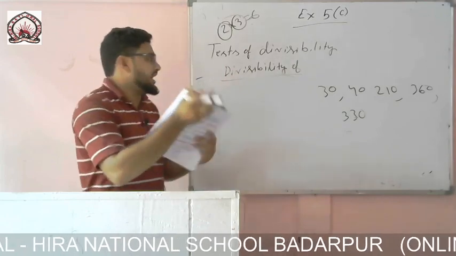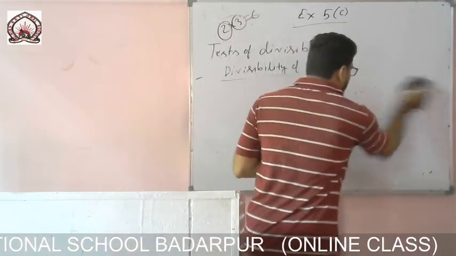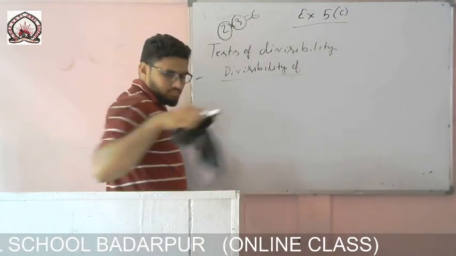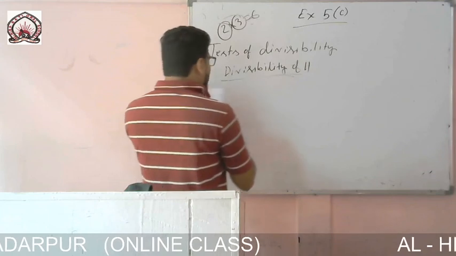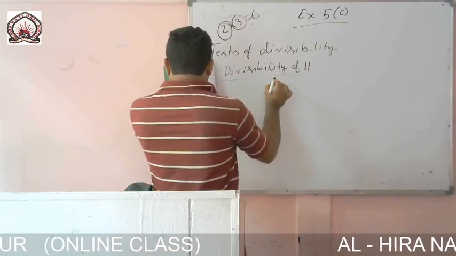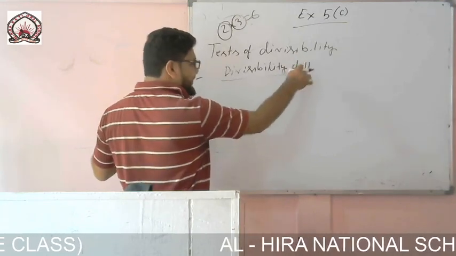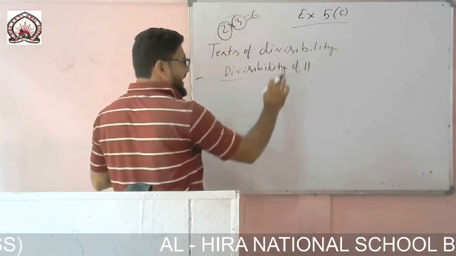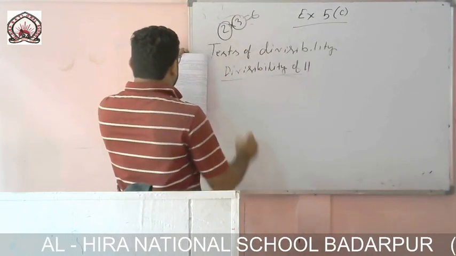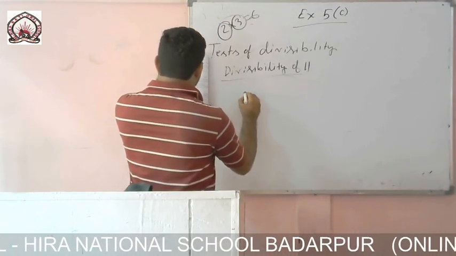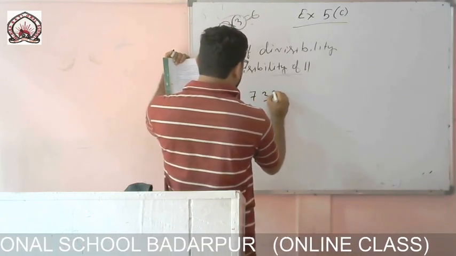So let me take one example. Divisibility of 11. Last time I did divisibility of 10, okay. I have not written it here. So divisibility of 11 will be, suppose one example, 7, 3, 7.